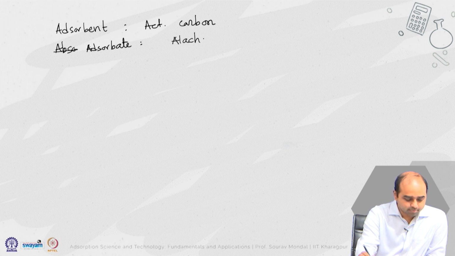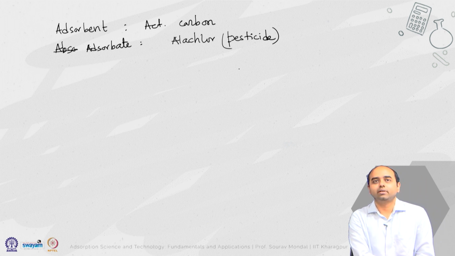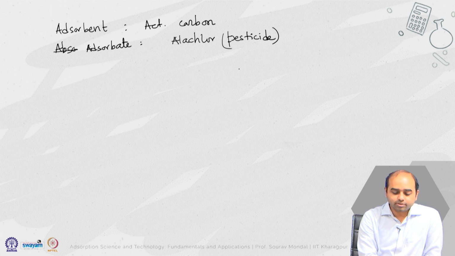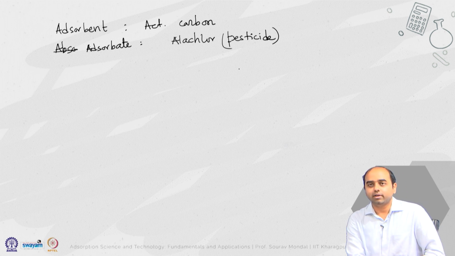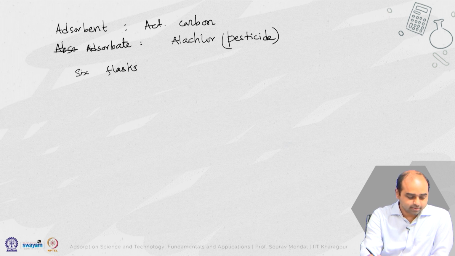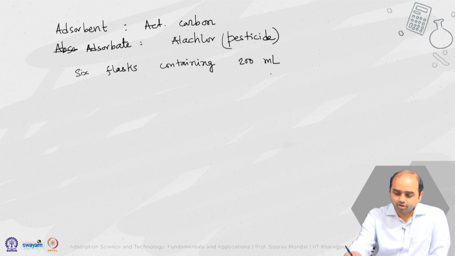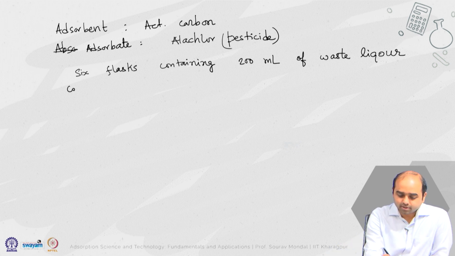Alachlor is a popular pesticide chemical which is very hazardous in the carbon cycle of the environment. So we try to use this activated carbon to remove alachlor from this solution. Let us say we have 6 flasks containing 200 ml, a fixed volume, of this waste liquor containing alachlor.